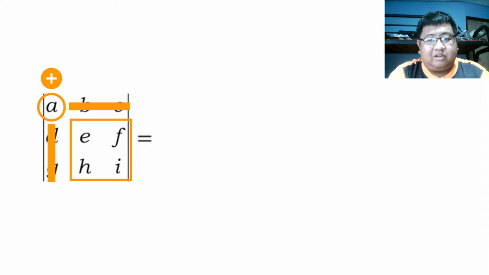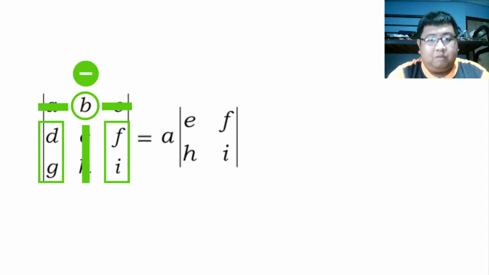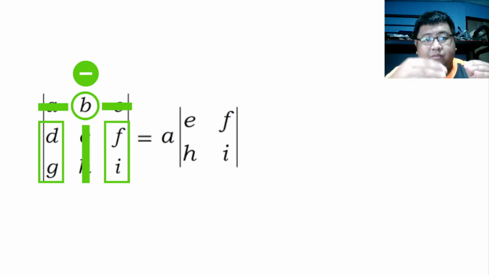Now, the next term will be comprised of B, which is the second number in the first row. So you started with A, and then you went to B. Then you momentarily disregard the other numbers in that first row and in that second column.